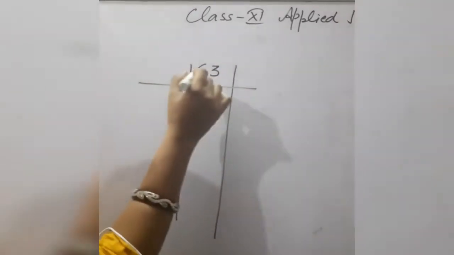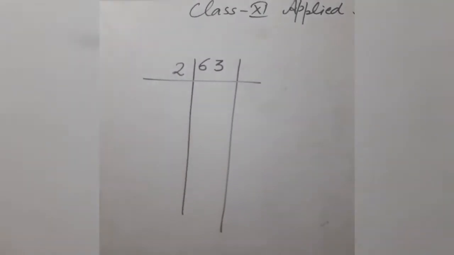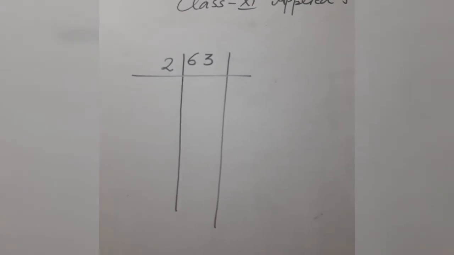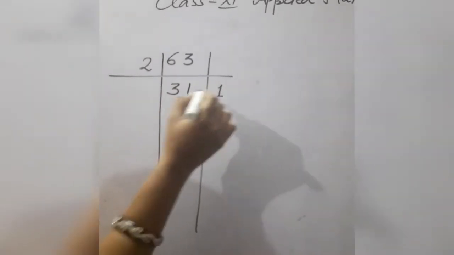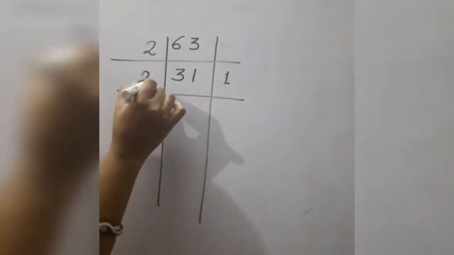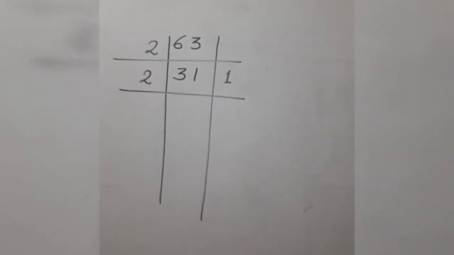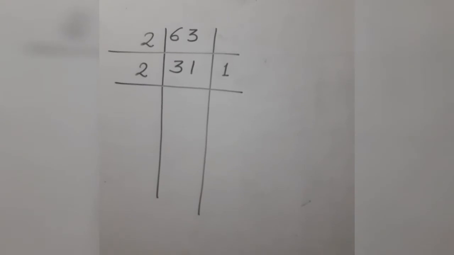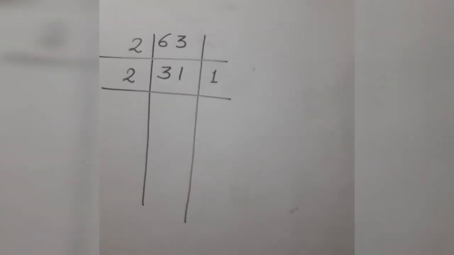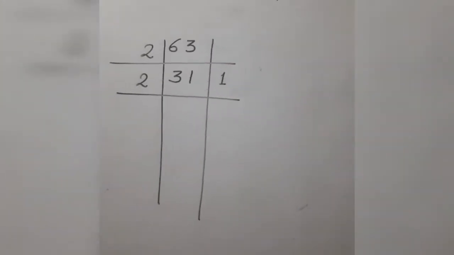Firstly divide 63 by 2. You will get quotient 31 and remainder 1. Write down the remainder here. Again this 31 is divided by 2. Why are we dividing it by 2? Because in the binary number system the base is 2, that's why you divide by 2.